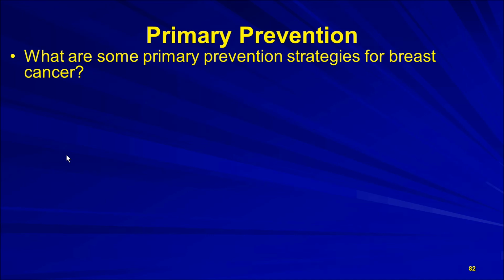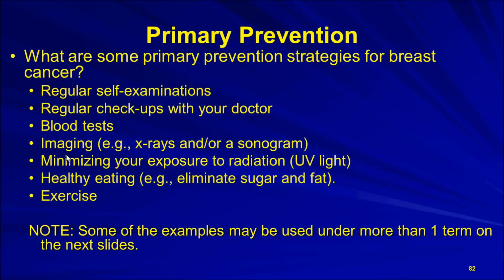When we talk about these methods, I want you to note that some of them are going to be repeated under more than one term, and you're going to see them on the next slide. That is, one of the issues is in terms of classification. Sometimes it's just not easy to classify them.